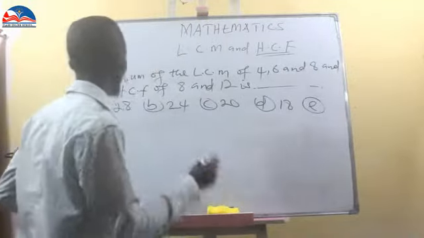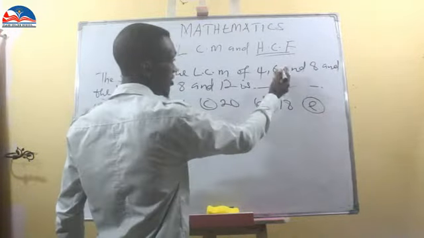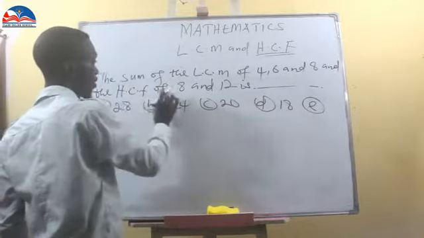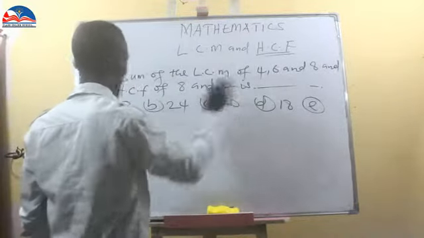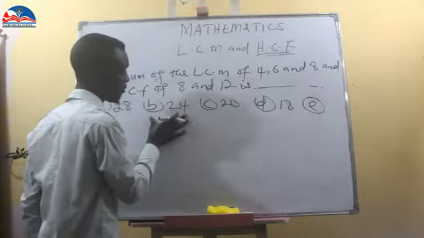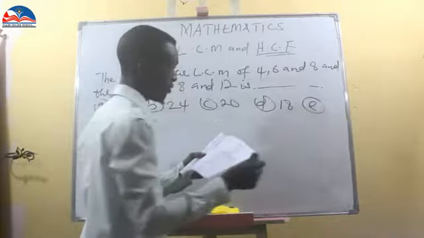So the sum of the LCM of 4, 6, and 8 and the HCF of 8 and 12 is: A 28, B 24, C 20, D 18, E 15.